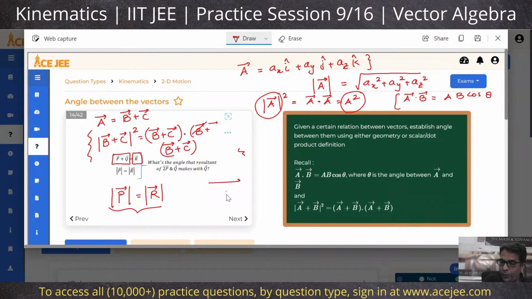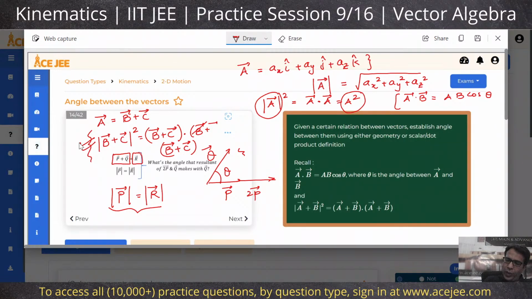So let's say this was the P vector, this was some Q vector, right? So 2P would be in the same direction as the P vector. So what is this angle theta? Now you can actually approach it from the geometrical standpoint as well, but let's see if we can use this approach to figure that angle out.